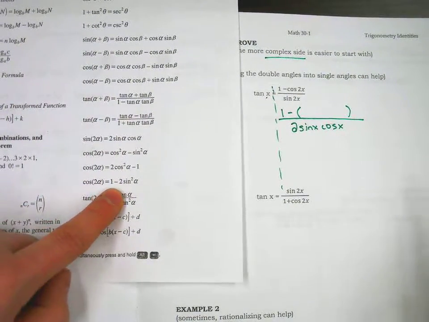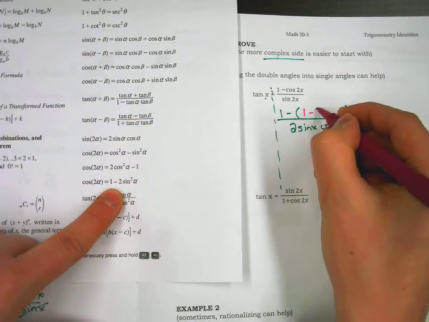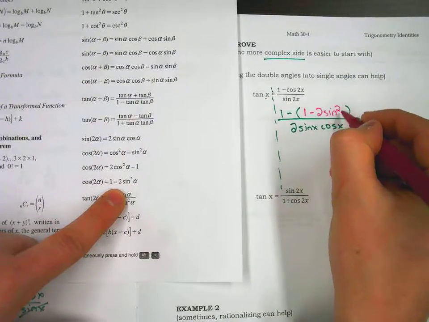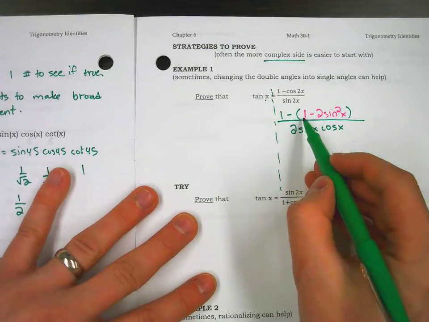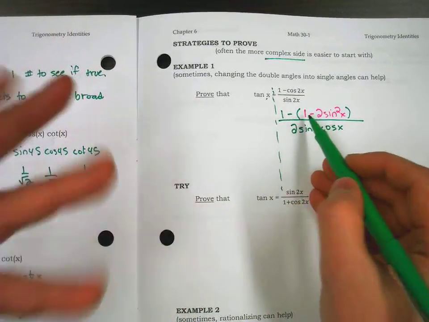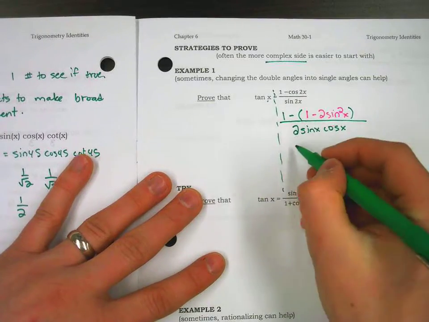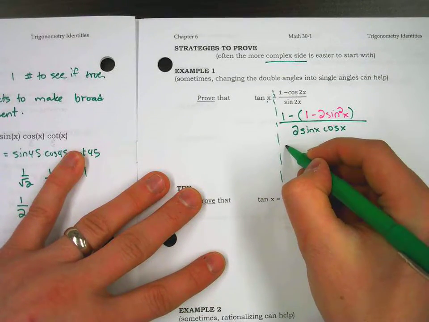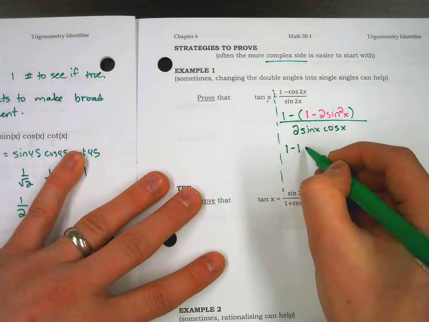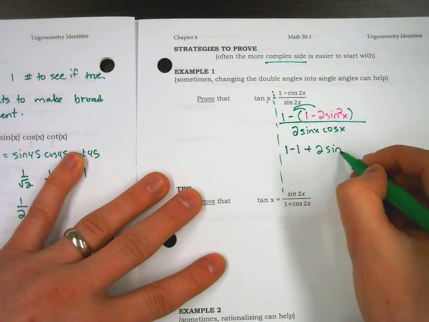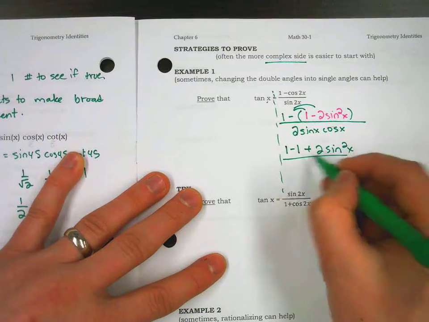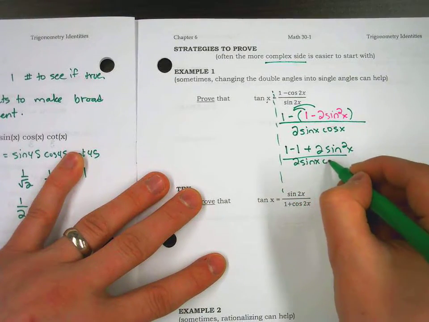I'm going to alternatively select 1 minus 2 sine squared to say, you know what, I'm going to get rid of that 1 confidently with a 1 minus a 1. I'm going to get rid of it for sure. So now I can say 1 minus 1 plus 2 sine squared of x, all over a 2 sine x cos x.